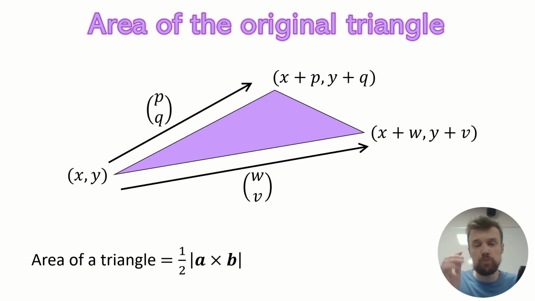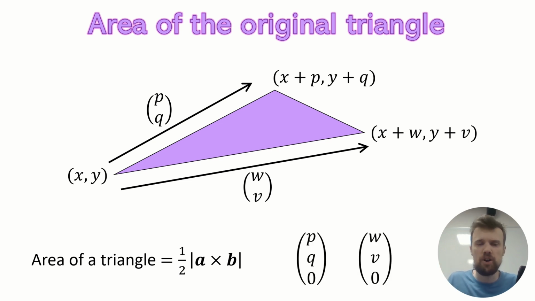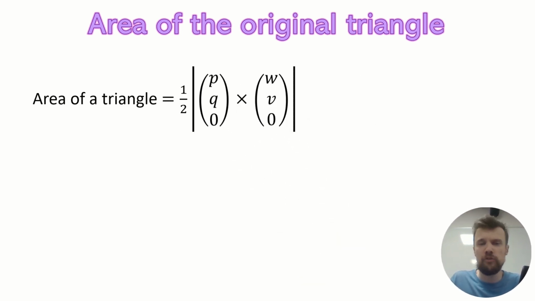So we're going to rewrite the vectors PQ and WV as the vectors PQ0 and WV0 to signify that the third dimension isn't being altered no matter where you are on that triangle. Nice. Now we can apply those vectors in this method. So, half of the modulus of the cross product of those two vectors.